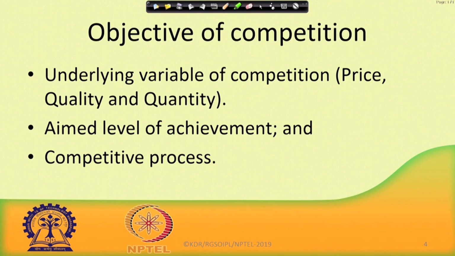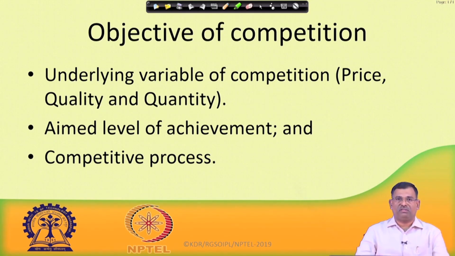And what is the object of competition? The objective of competition is very clear in the market: to make profit. Each and every company in the market is working with the objective of making profits. Economists say there are three components to look into for the objective of competition.